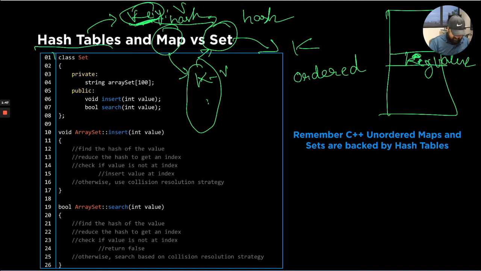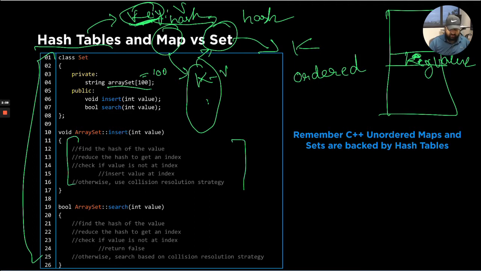This was an earlier class that I showed you, a set class. Initially you can have an array that points to 100 elements. I'm statically declaring it, but that's not the purpose of it. I just wanted to cover one of the functions.